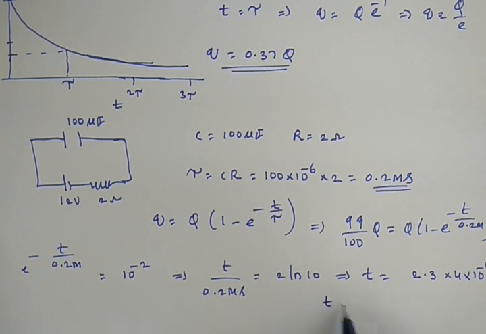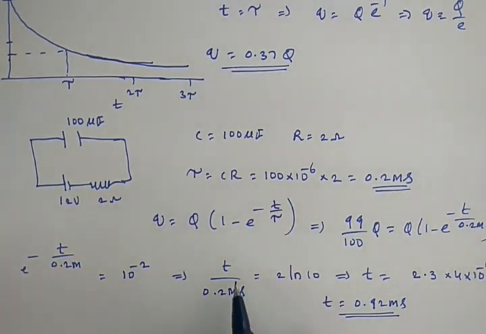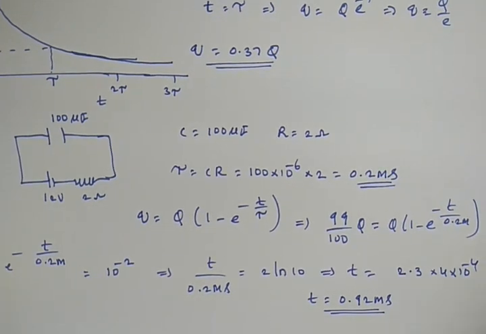So the total time will be equal to 0.92 millisecond. So here, t equals 0.2 millisecond into 2 log 10. Log 10 value is 2.3, and 2 into 0.2 is 4 into 10 power minus 1, and milli is already there, so that's why I wrote 10 power minus 4. When you do this, you get this answer.